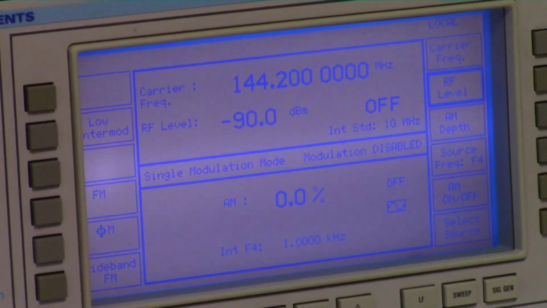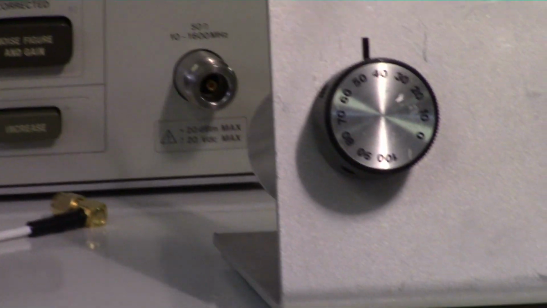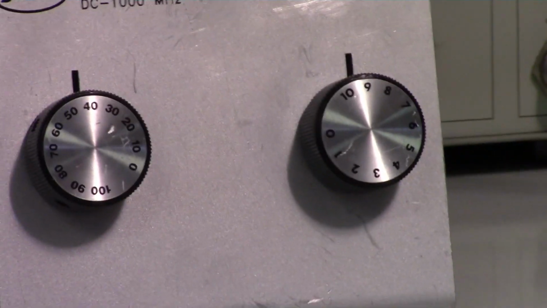And we're using the same numbers that we got before. So again, we've got minus 90, we got 9 dB plus 40, so we're looking at minus 139, and we can safely add a dB of loss in this cable at 2 meters.